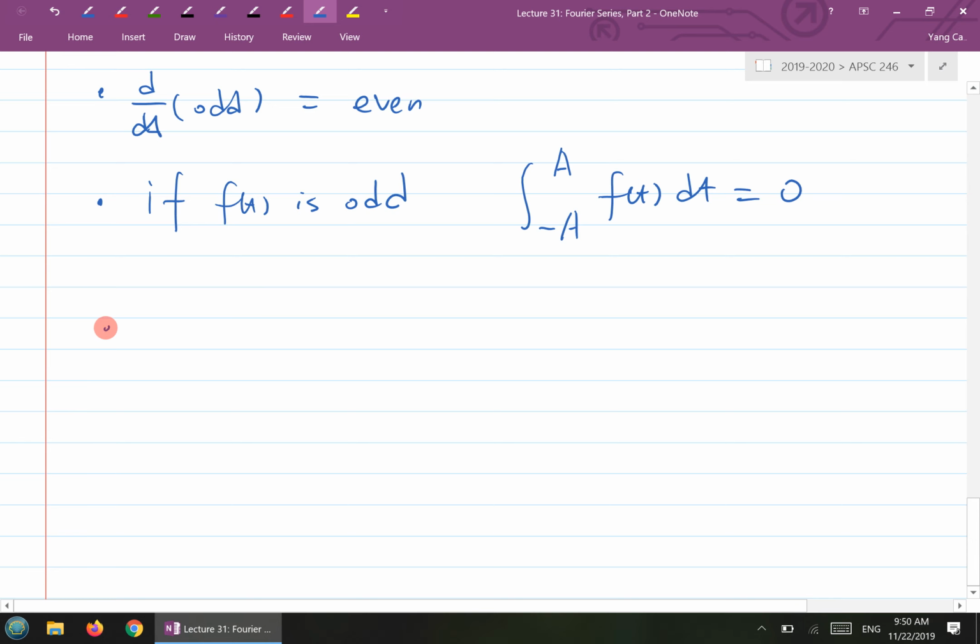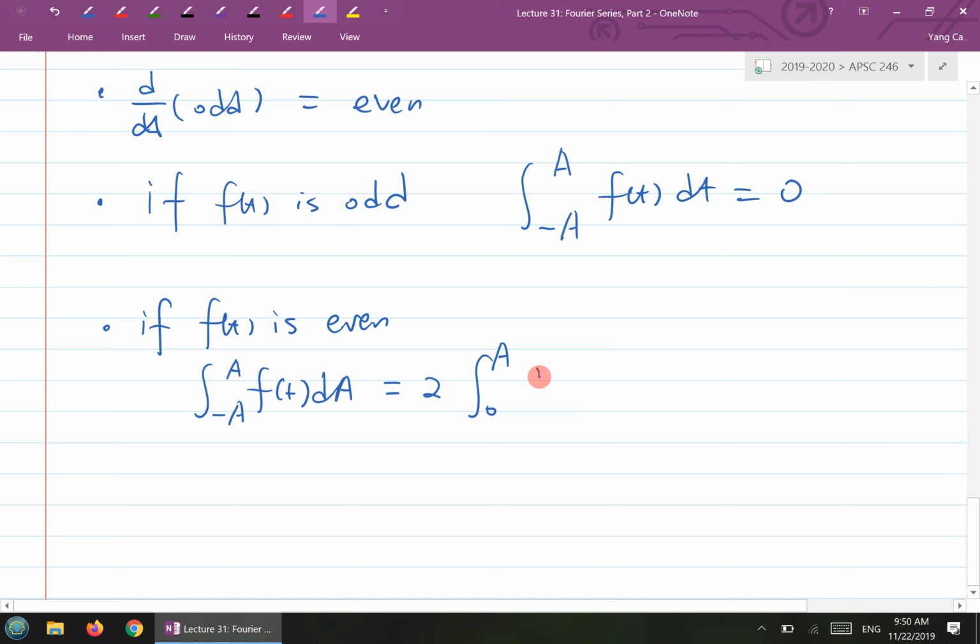Now, if f of t is even, and we do the same integral from negative a to positive a, we can show that this is equivalent to 2 times the integral from 0 to a. So that's the even function nature.